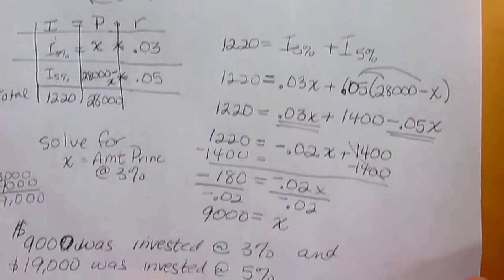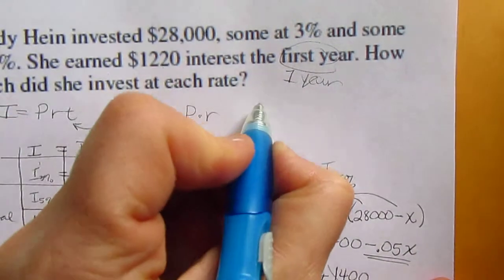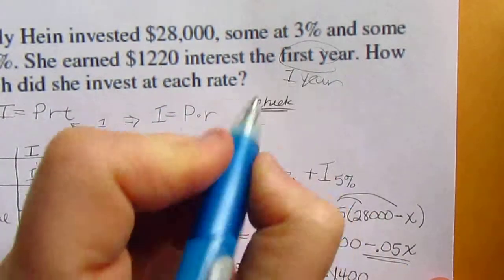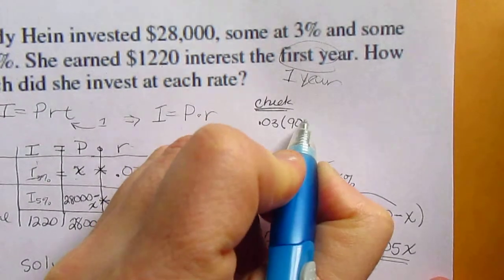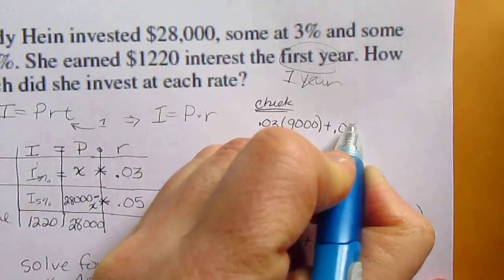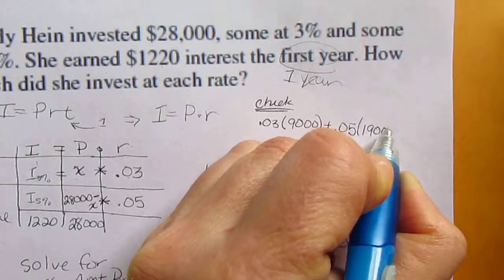Okay, so let's do a little check here. Let's check this. So I think it's 9,000 and 19,000. Probably should be done at the bottom, but I ran out of room. 0.03 times 9,000 plus 0.05, 5% interest on 19,000.